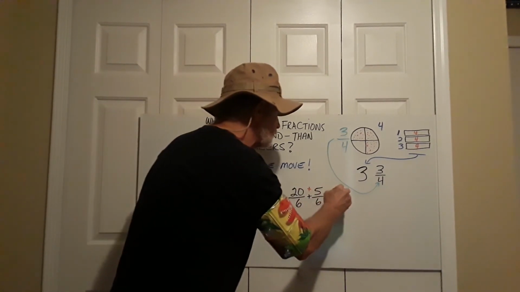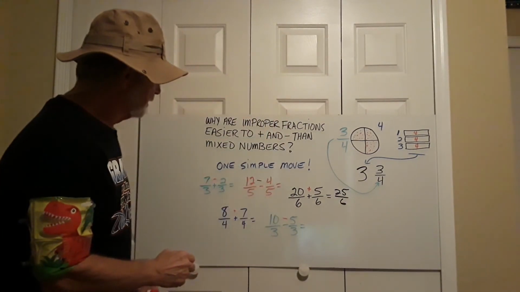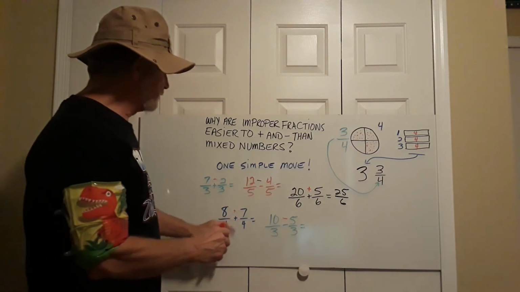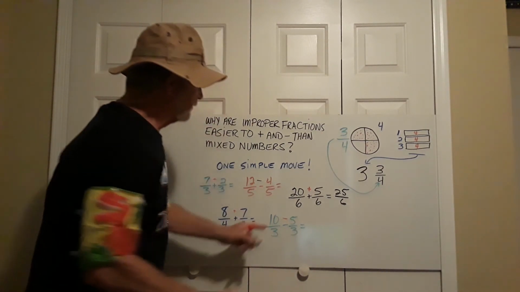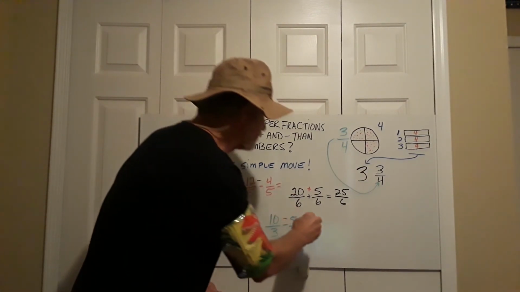See what the answer would be? 25 over 6. Okay? Down here, 8 plus 7 is 15. That's 15 over 4. And this one is 10 minus 5. 10 minus 5 is 5.